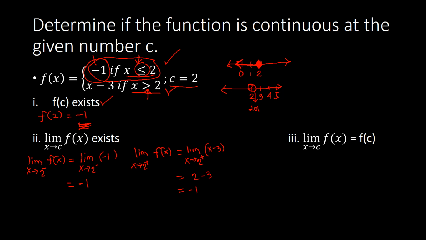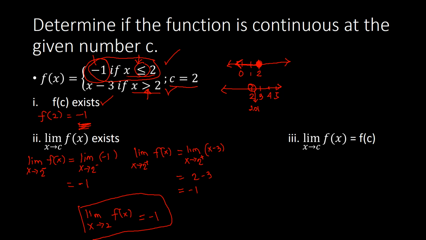So comparing the left-hand limit and the right-hand limit, since the two are equal, therefore our limit of f of x as x approaches 2 from both sides is equal to negative 1. There exists a limit, so there's a bigger chance that this will be continuous.